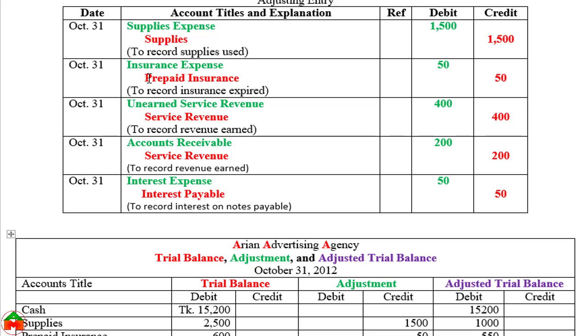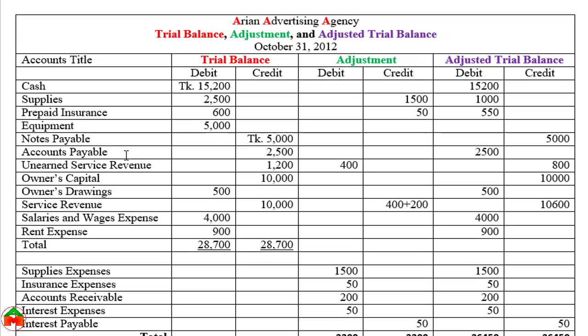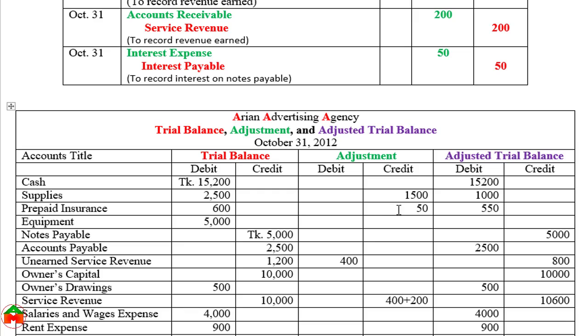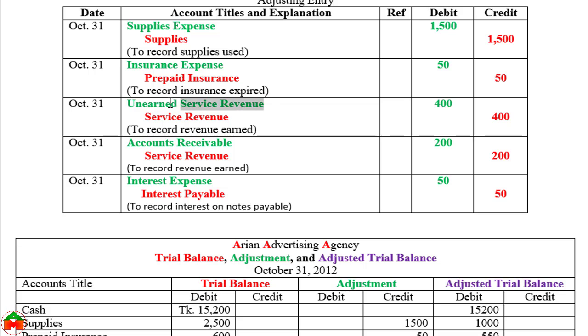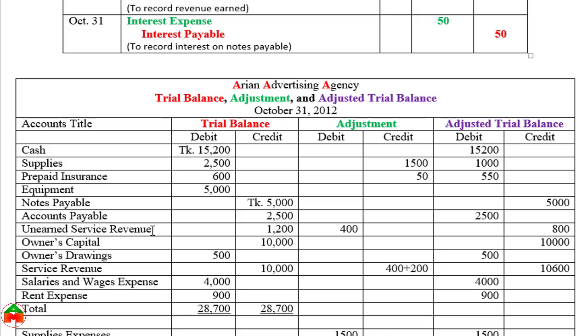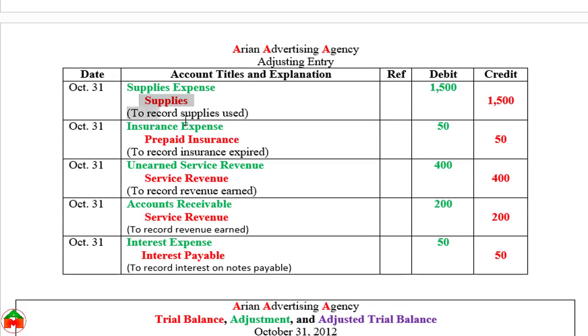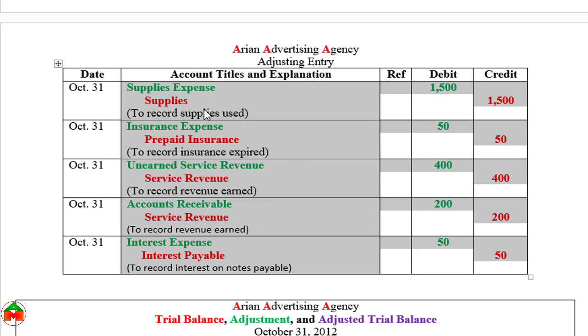Now prepaid insurance credit. Yes, we have this account, prepaid insurance, and it is credit with the amount of 50. The third one is unearned service revenue debit 400. Here you can see unearned service revenue, so I have written 400 on the debit side. Please keep in mind that I am just preparing this adjustment column from these adjusting entries, these adjusting journals.